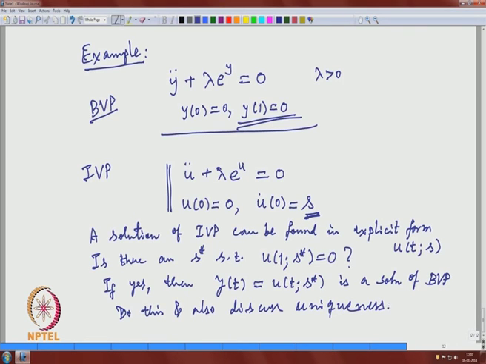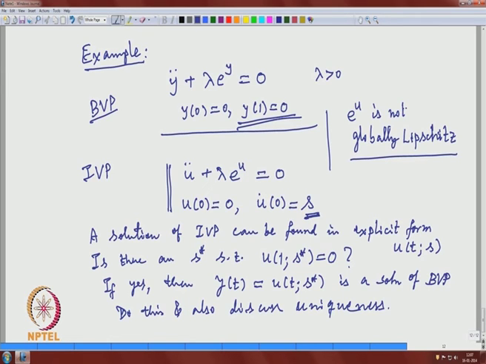So, why I am stating this example is that this e to the u is not globally Lipschitz, it is locally Lipschitz. Okay. So, this condition is not really necessary. What we want is for the solution to the initial value problem to exist for the interval in question.